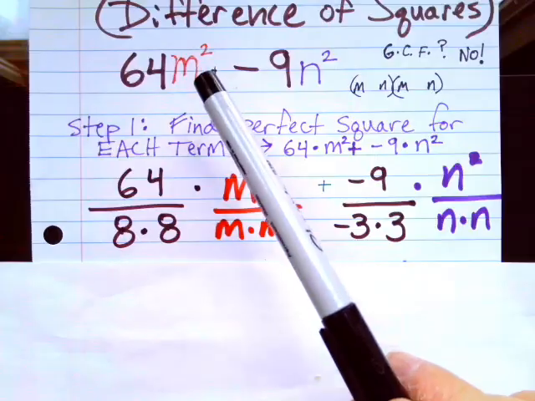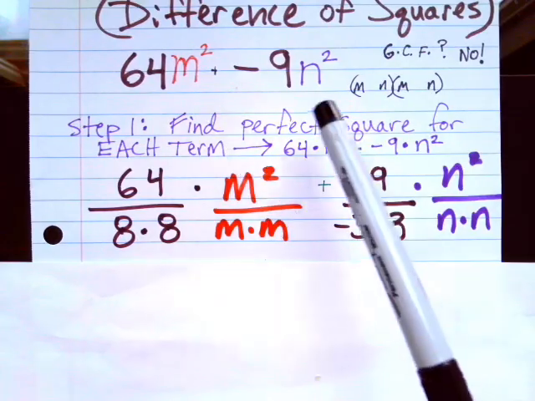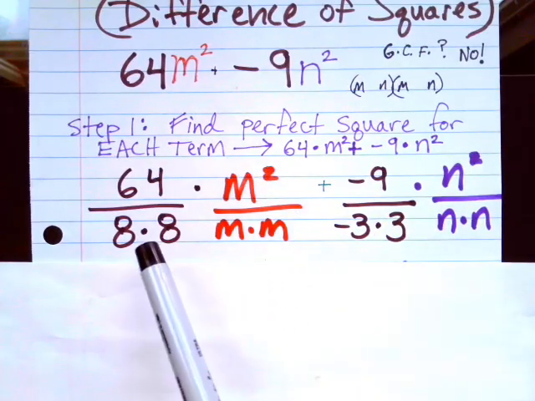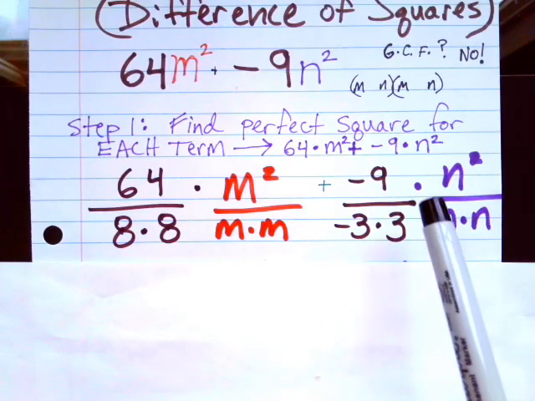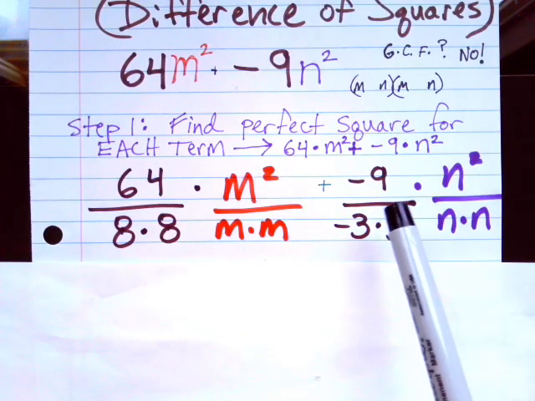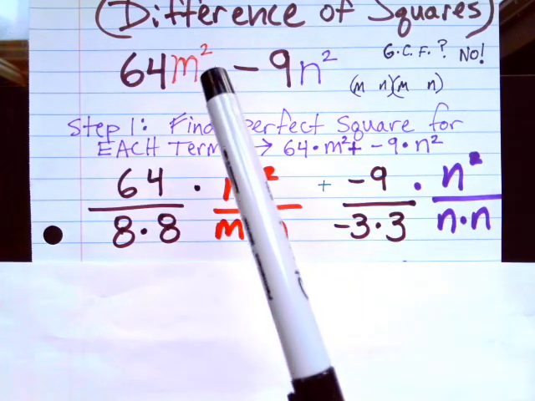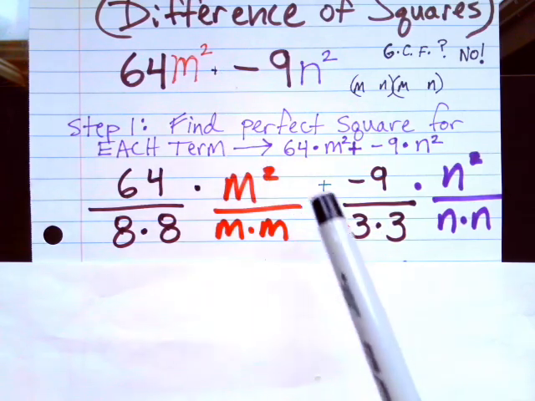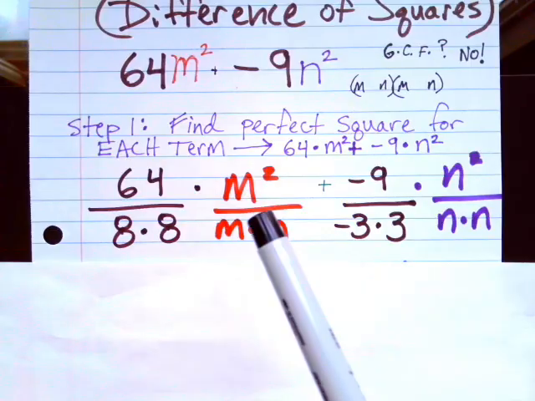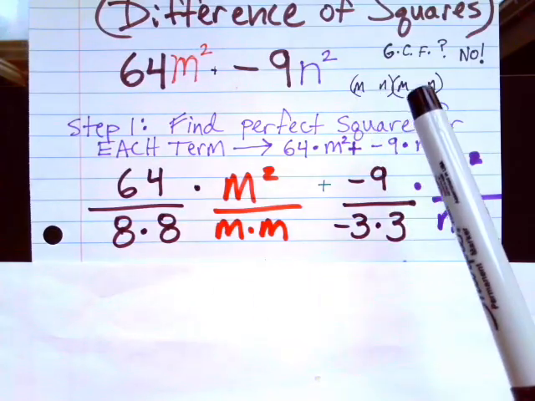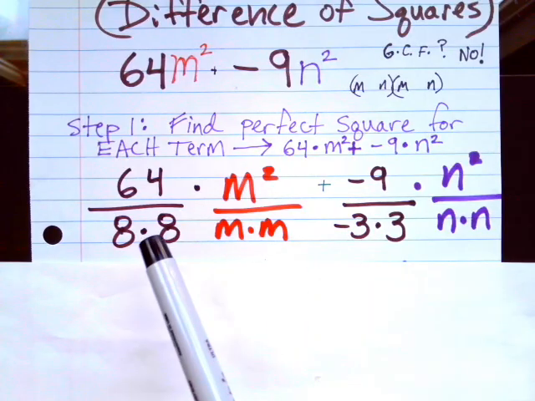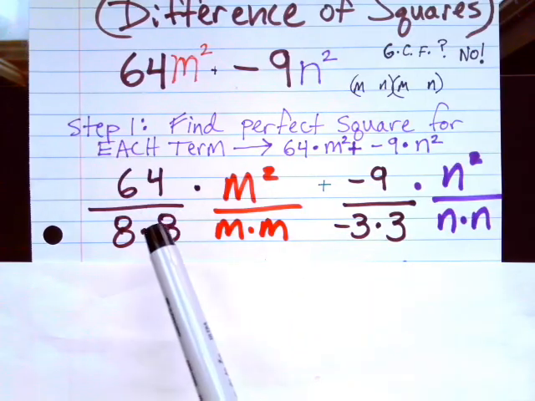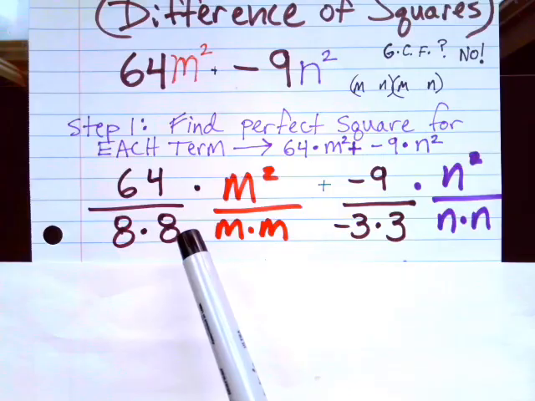Well, which numbers down here multiply to negative 9, but will add up to 0? Negative 3 plus a positive 3 gives me 0. So that's what I'm looking for. I've already set up my m and n. Now I need to figure out, well, let's see here. 64 is 8 times 8.